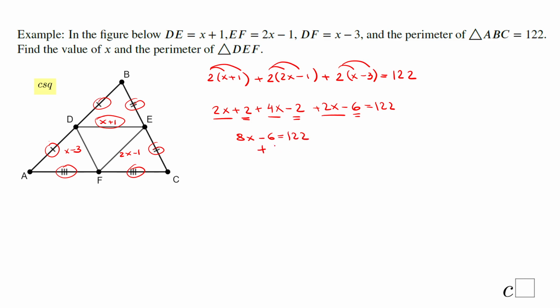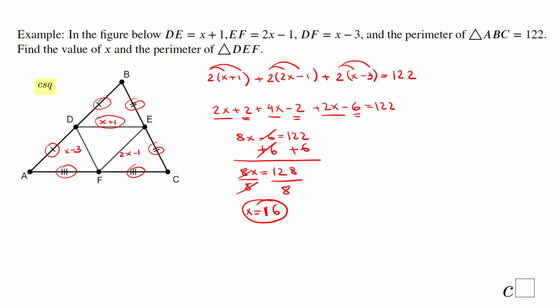What? Two-step equation, add 6, 8x equals 128, and divide by 8 will be the last step to find x, and that will be 16. Let me double check using a calculator. 128 divided by 8, that's 16. Okay, so this is x, we found x.